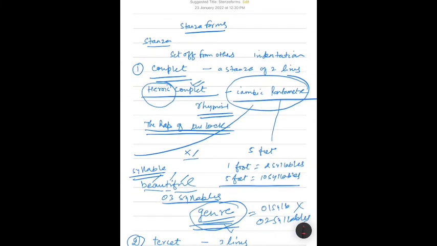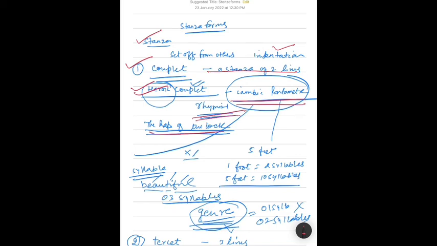Very quickly, just look at what is the meaning of a stanza. As I told you, the stanza is basically a group of lines that form a unit in verse. Generally, it is set off from others by a blank line or by some indentation. Various stanza forms: couplet, stanza of 2 lines; heroic couplet, stanza of 2 lines; iambic pentameter lines, and these lines are rhyming with each other.